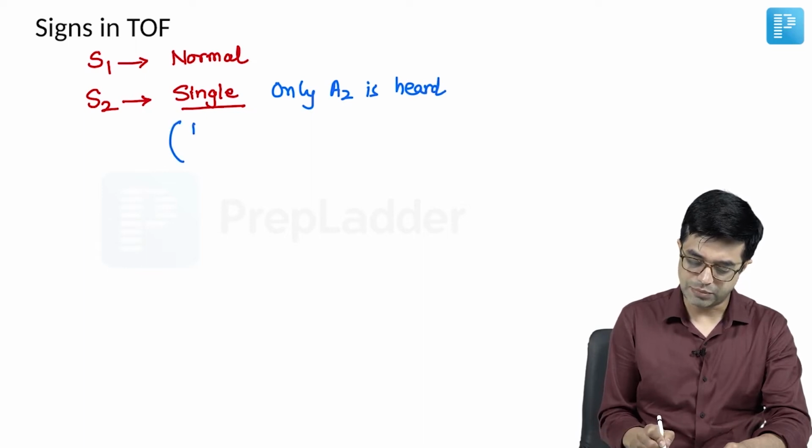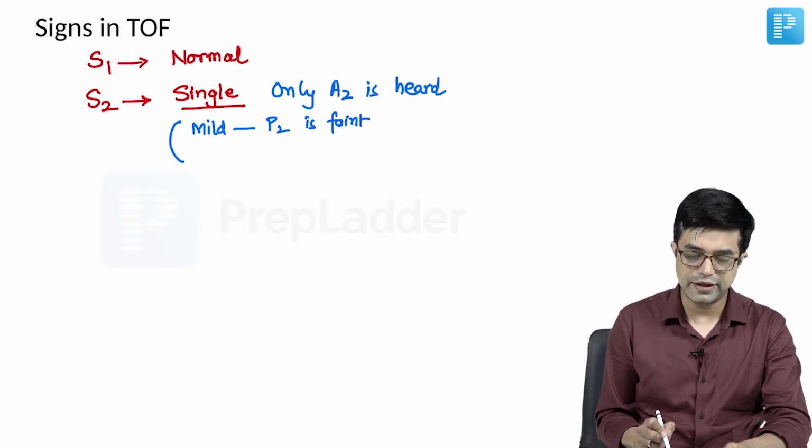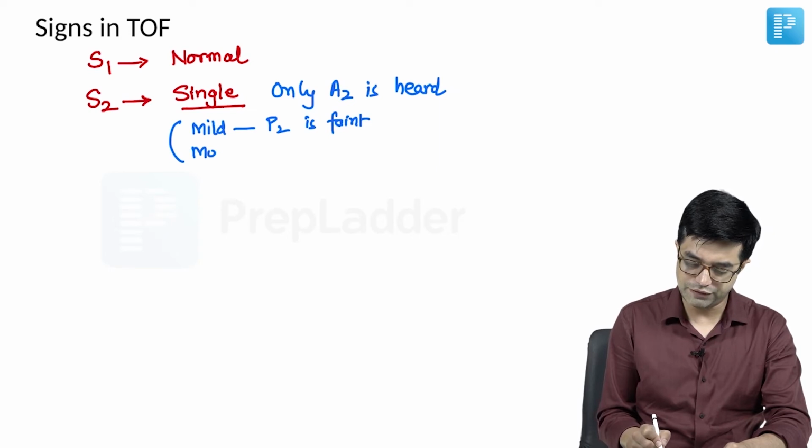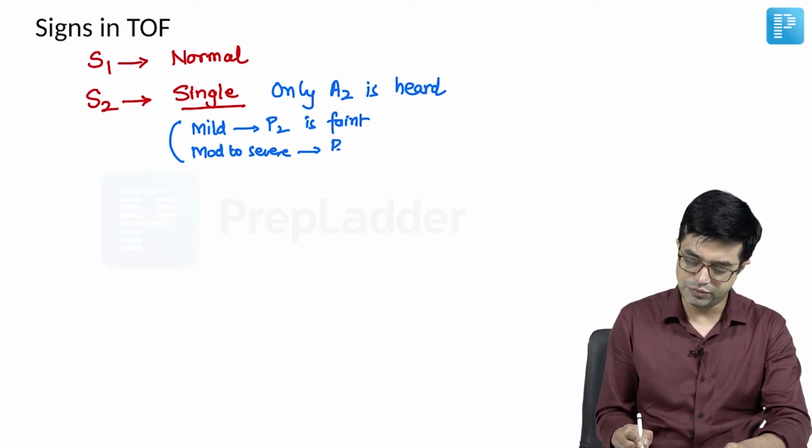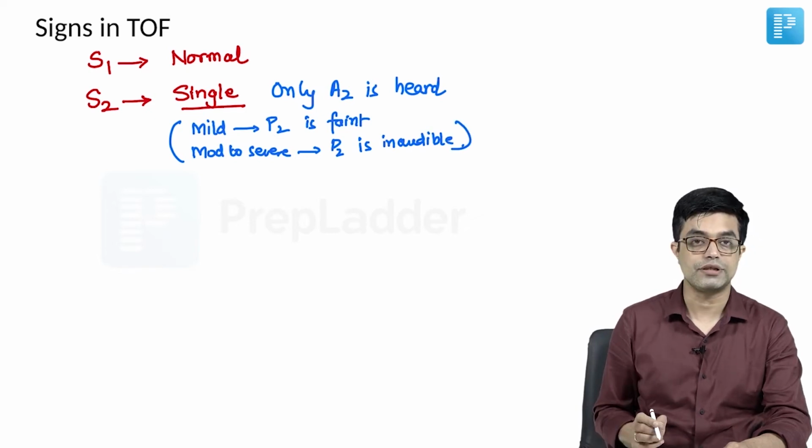In case of mild tetralogy of Fallot, the P2 component is very faint, whereas in moderate to severe TOF, due to decreased pulmonary blood flow and decreased flow across the pulmonary valve, the P2 is inaudible, and so practically what we hear is only A2 in these patients.